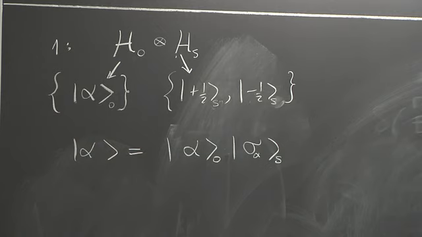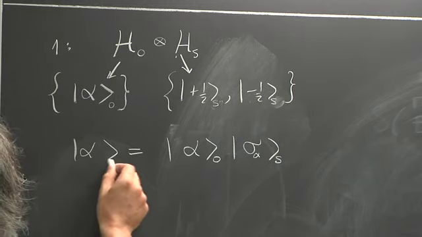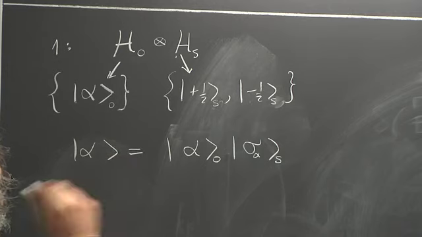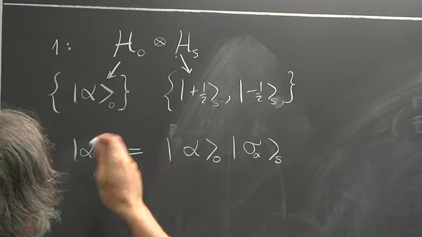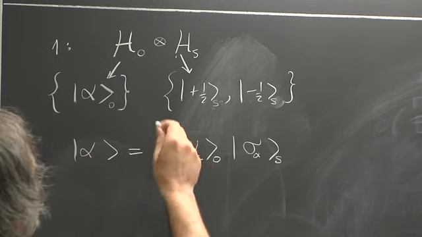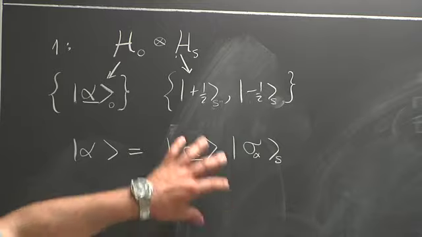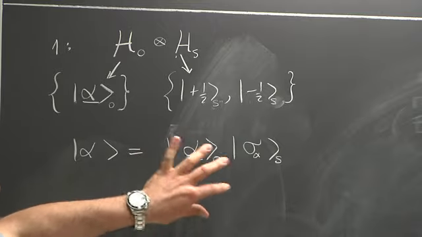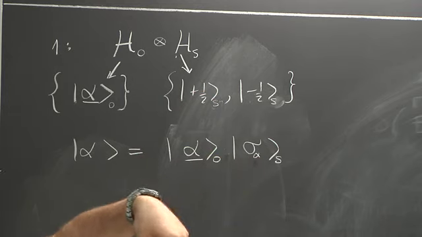The notation is probably not particularly nice. You might say, here alpha is a label for the full state. Here alpha is the same label, but for the orbital. Let me indicate this with the underline to mean that this is a part of the label specifying all the orbital part, and this is a part of the label specifying what the spin is.